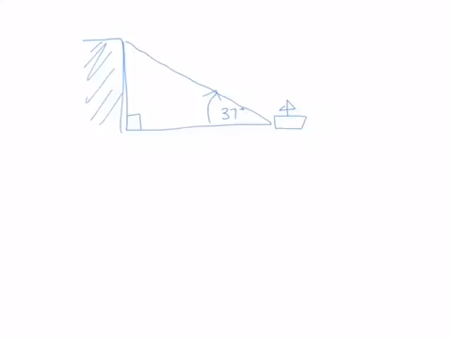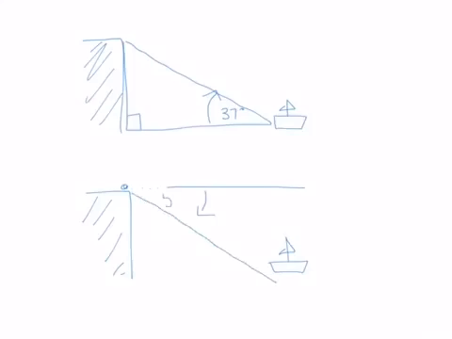If I have another diagram where I've still got a cliff, and from the edge of the cliff the angle of depression down to the boat, say, is 57 degrees, that means we start with the horizontal and go down. So angle of elevation starts with the horizontal and goes up. Angle of depression starts with the horizontal and goes down.